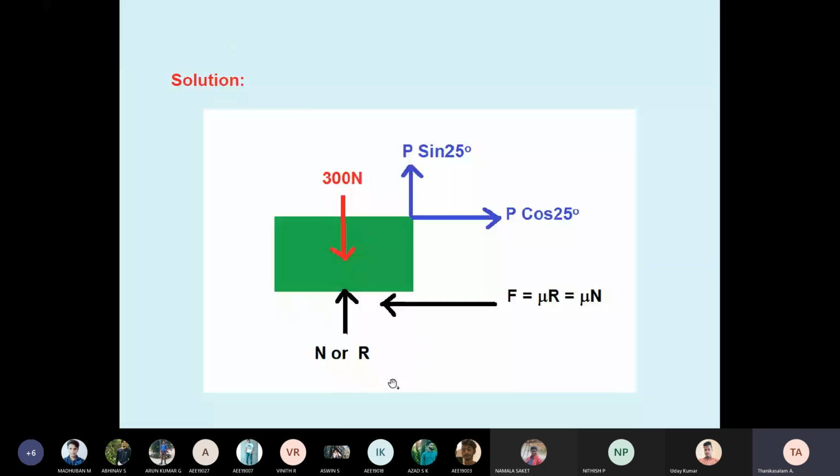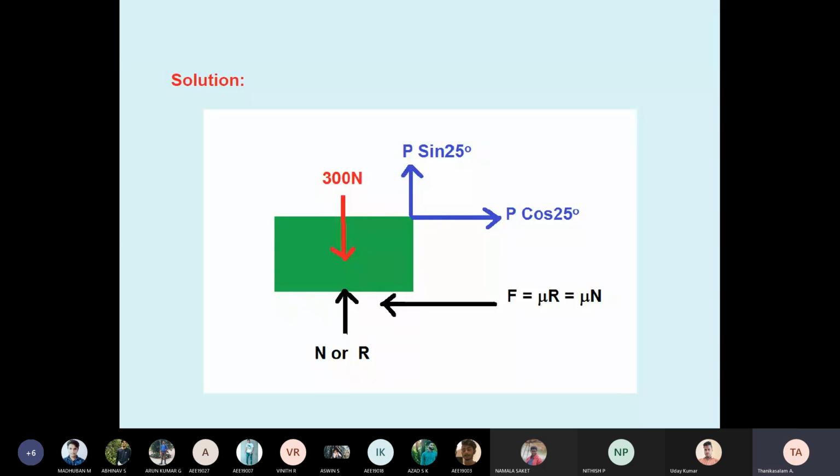Just imagine, see the diagram. What have we done? We drew a proper free body diagram, then applied the equilibrium equations: summation of Fx equals 0, or summation of horizontal forces equals 0, then summation of vertical forces equals 0. I always mention the other name because some books use summation Fx, summation Fy, but in RS Khurmi they follow summation of H, meaning horizontal forces.